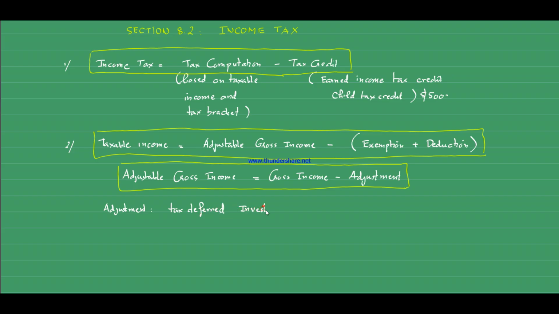Tax deferred investment. When you read the problem, they're going to state it. They'll say the tax deferred investment is a certain amount, and of course then you have to do that subtraction. Now, what is exemption? The exemption is a fixed amount for each dependent.